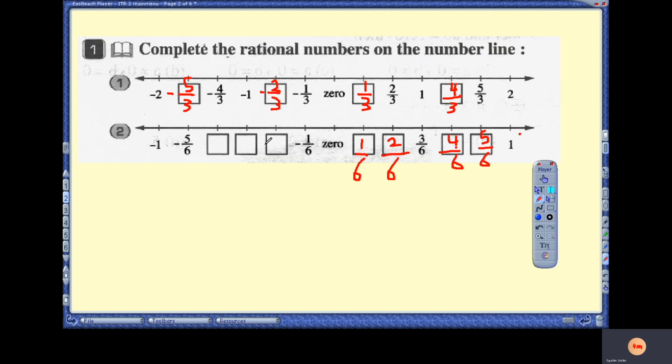The negative part, then negative 3/6. The last one.